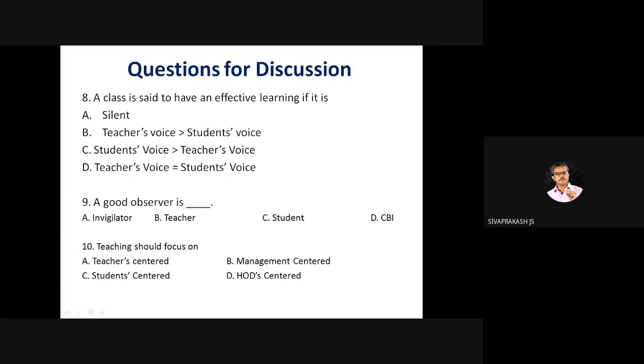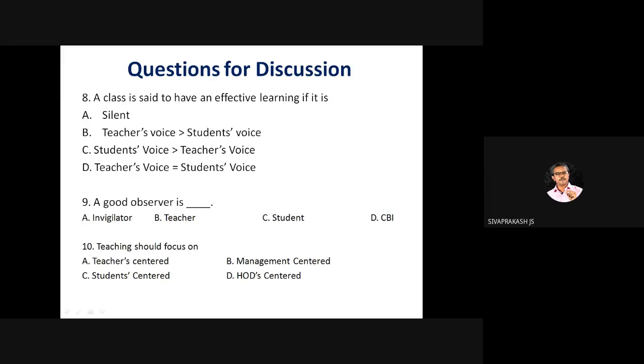Question numbers 11 and 12 are not visible. I have not prepared that in PowerPoint, that's why I am reading this. Question number 13. Should I repeat question number 12? Sindhu ma'am, is that clear?